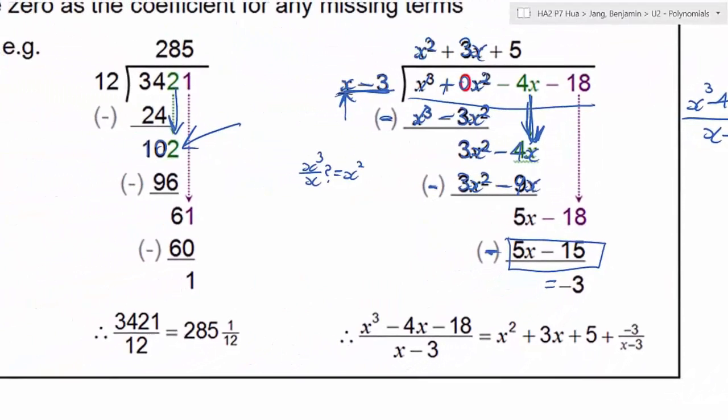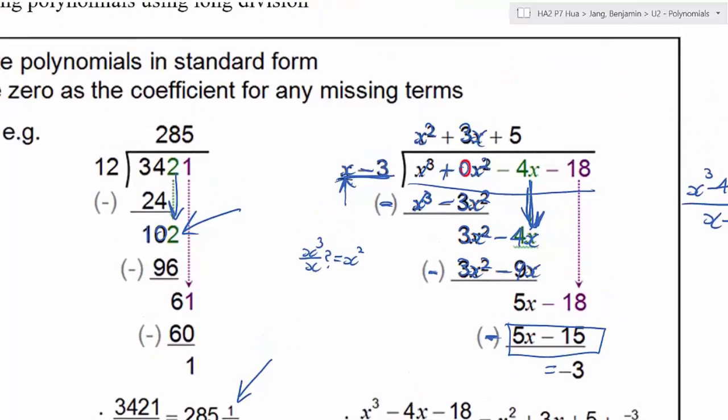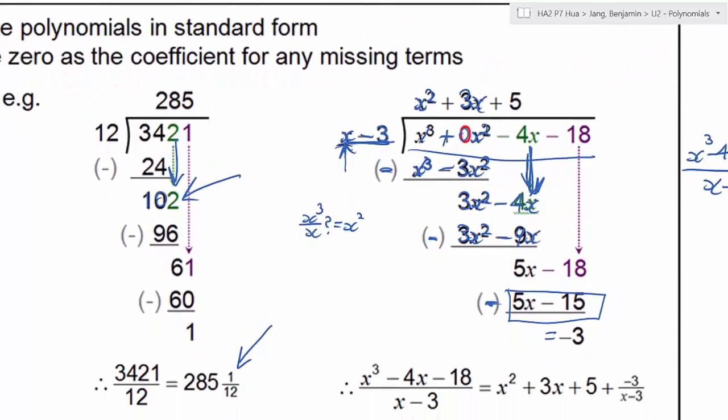So as shown when dividing numbers, when you get a remainder, you write the quotient, and you put the remainder as the numerator and the divisor in the denominator.